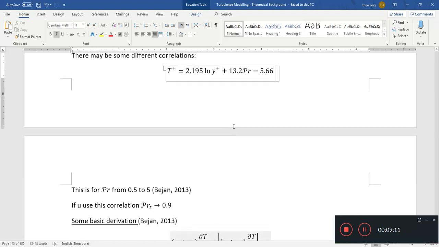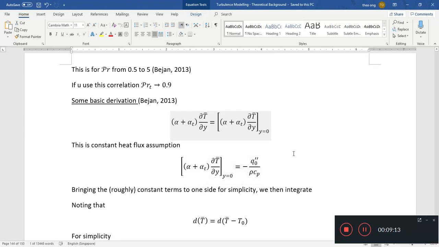That's what we have. So how do we get this correlation? It's very similar to the wall region correlation for the velocity as well. So you would have a constant heat flux assumption, so that your heat flux has a conduction part and then your apparent or turbulent heat flux.